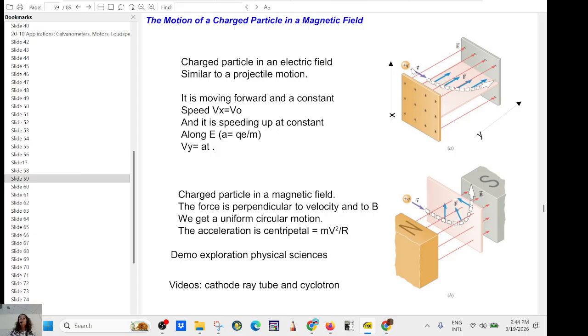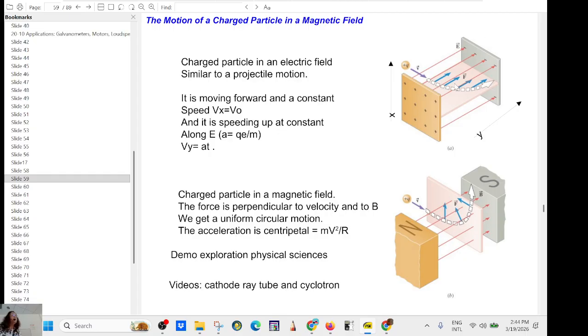The positive charge wants to move along the electric field, except it has some momentum to begin with. So you have a projectile motion. It's like you have something you throw, it has some momentum, but at the same time, it's accelerating down. So two things at the same time: moving forward at the same speed, accelerating down.